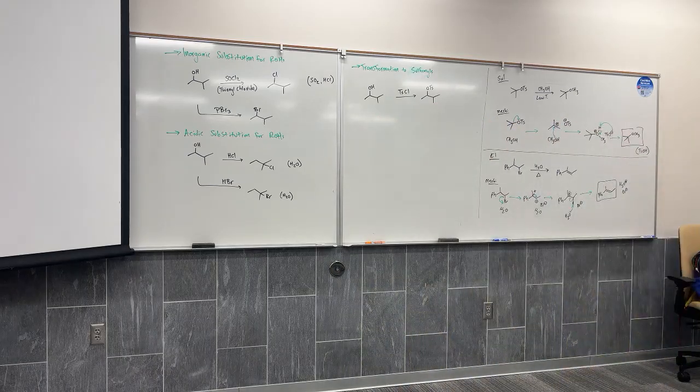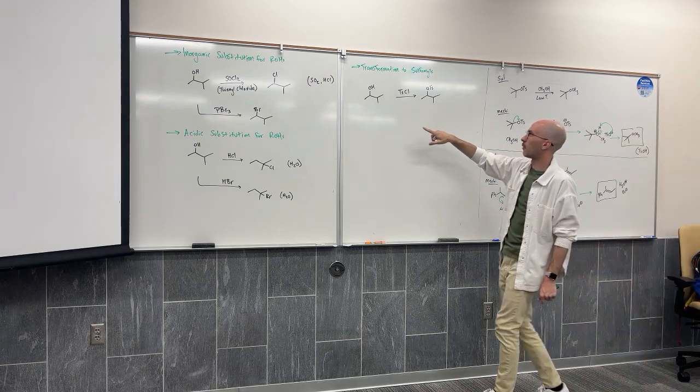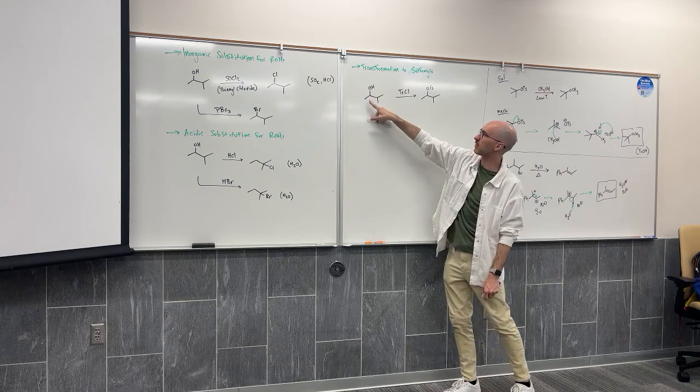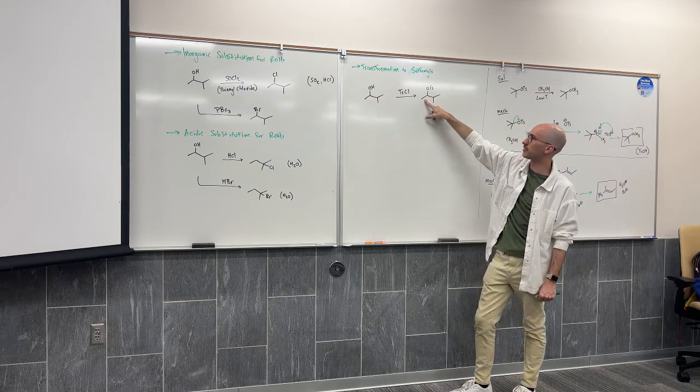So if I take an alcohol and I react it with tosyl chloride, TsCl, the hydrogen gets removed from my oxygen. Essentially, the hydrogen is substituted by the Ts group, the tosylate group. Now this could be really useful if I want to run an elimination on the alcohol. And I want to do maybe an anti-Zaitsev elimination here at the less substituted carbon.